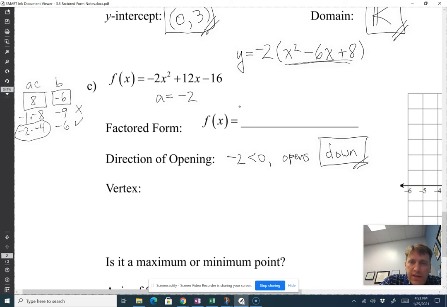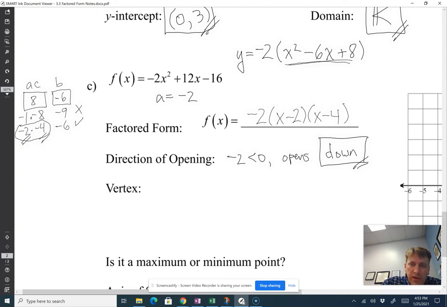And so then I can write this factored form. The A that we factored out in front, negative 2, is still there, times x minus 2. That's the first factor. And then our second factor, x minus 4. And let's see.